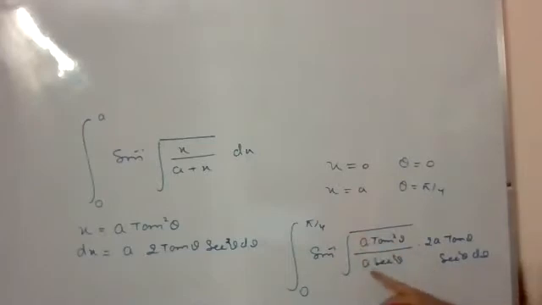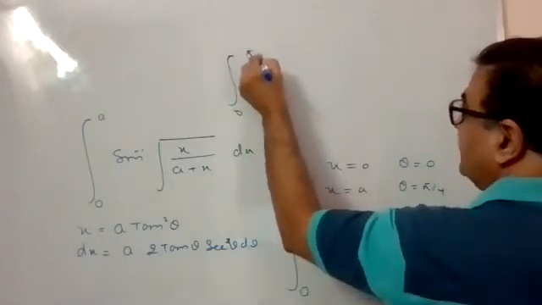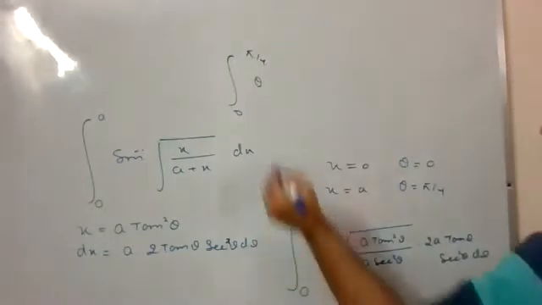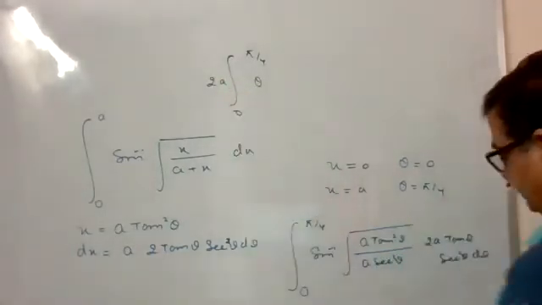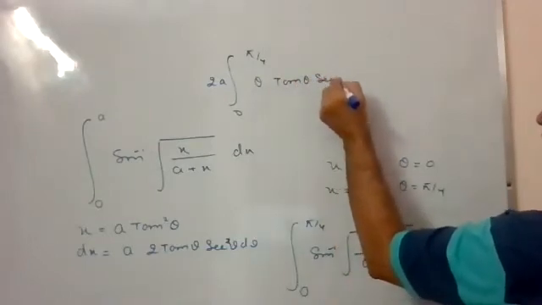This a cancels out. Under root of sin square theta becomes sin theta, so sine inverse sin theta is just theta. So I get the integration from 0 to pi by 4, theta, and 2a goes outside. Then I have tan theta sec square theta d theta.